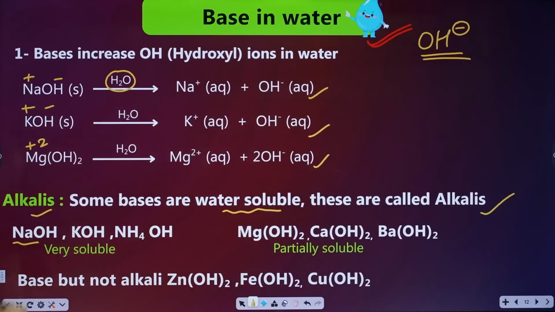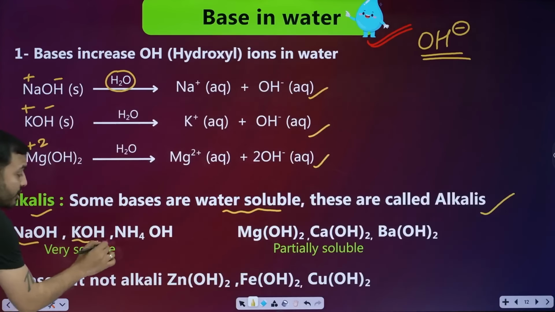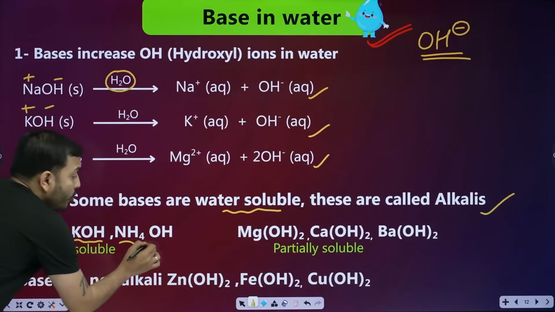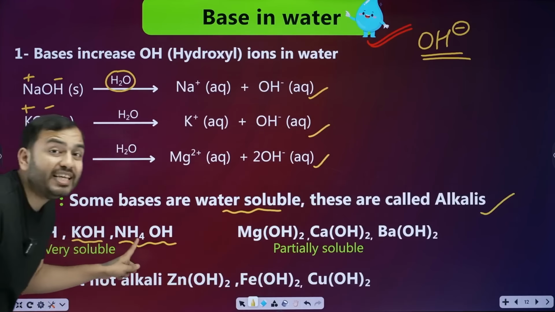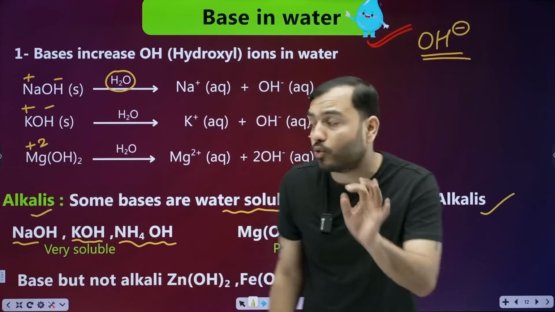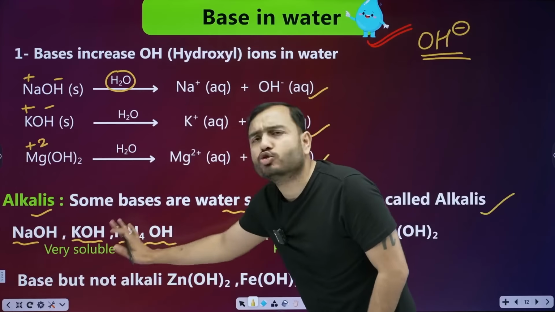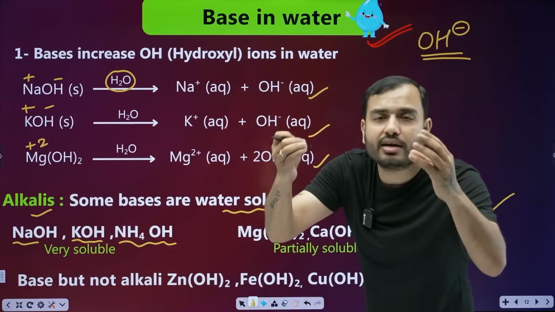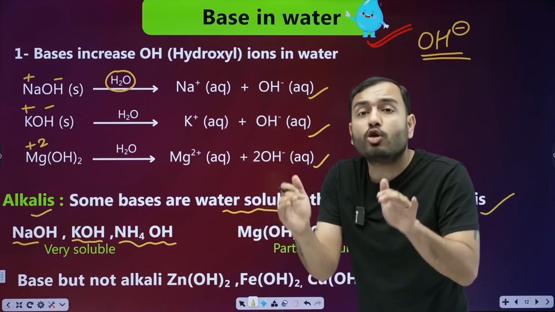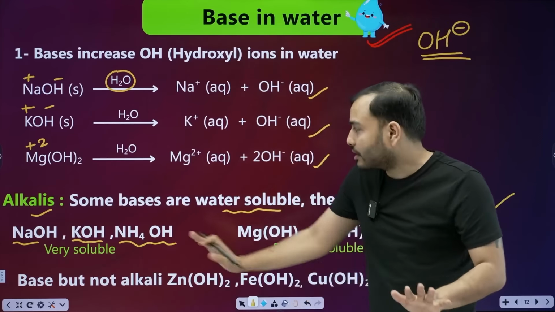One is sodium hydroxide, NaOH, potassium hydroxide, KOH, and ammonium hydroxide, NH4OH. You must remember these 3. They are highly soluble. Very good alkalis. Alkali is a water soluble base. Remember it.